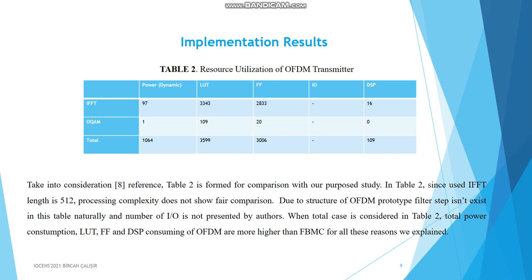Taking into consideration reference 8, Table 2 is formed for comparison with our proposed study. In Table 2, since used IFFT length is 512, processing complexity doesn't show a fair comparison. Due to structure of IFFT, prototype filter step doesn't exist in this table.